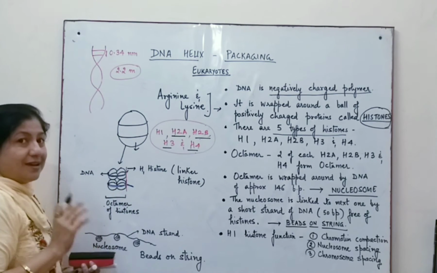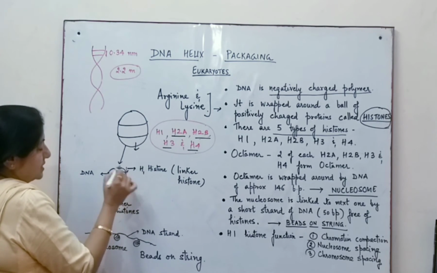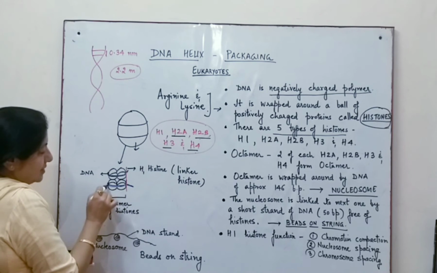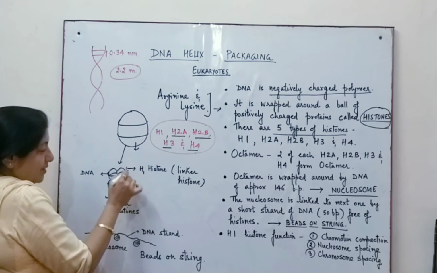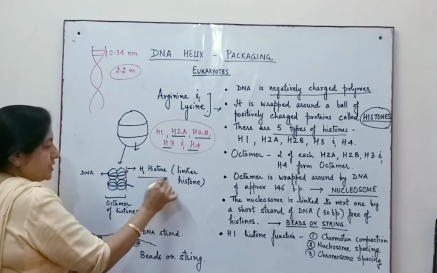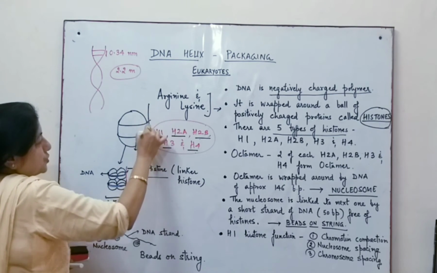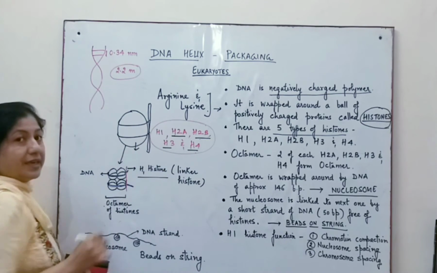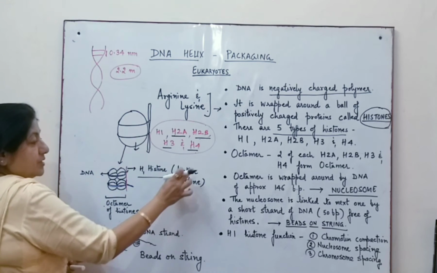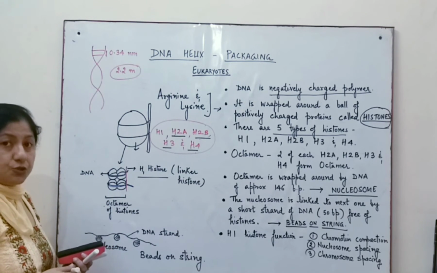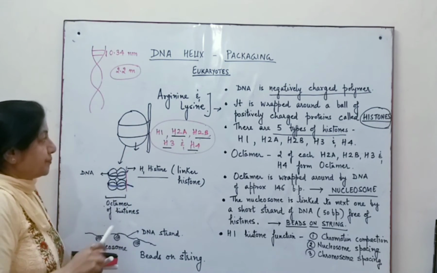DNA is wrapped around these octamers. The blue line over here is the DNA, and it is again held with the help of H1 histone, marked in red. So this H1 histone is also helping to hold the DNA. This is known as the linker histone, since it is holding the DNA which is wrapped around this octamer.